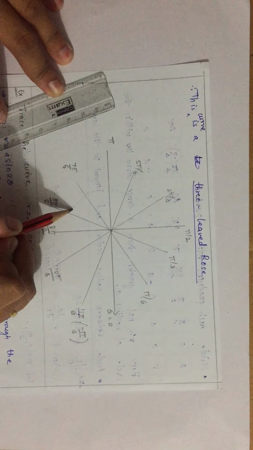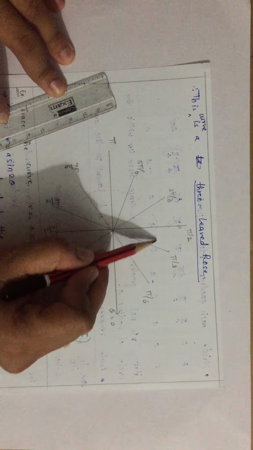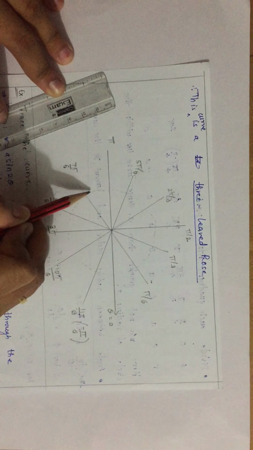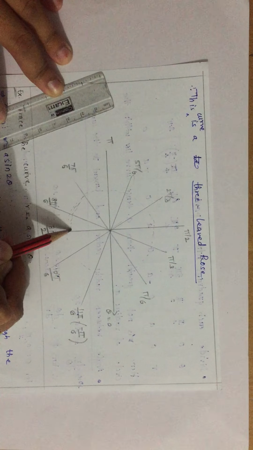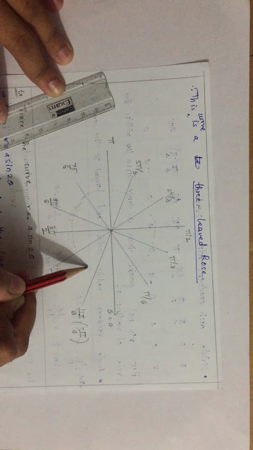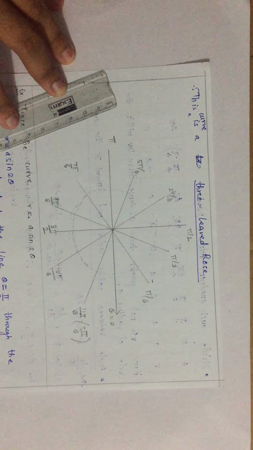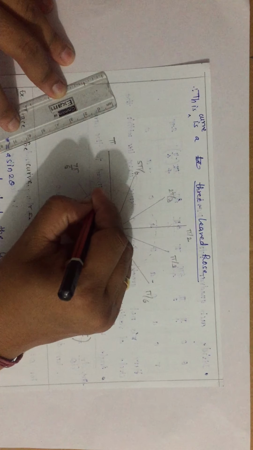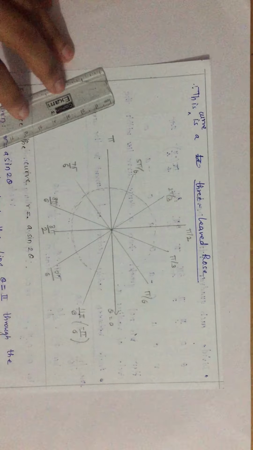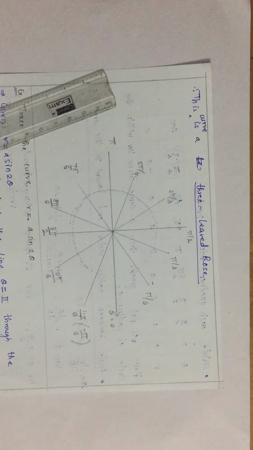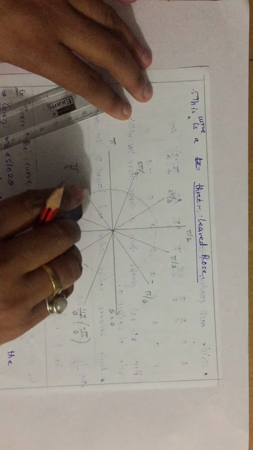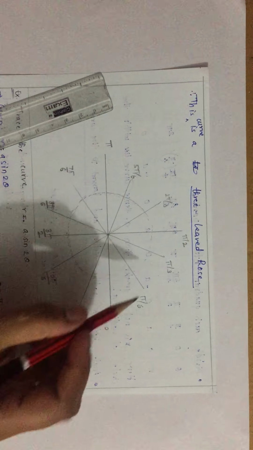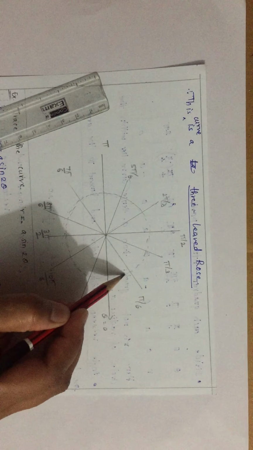If you draw it with a compass, it will be more precise. So I have made a dotted line, a circle of radius a. Okay, now I know whatever my loops will be, these loops will lie within this circle only.